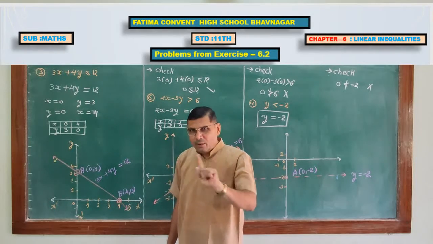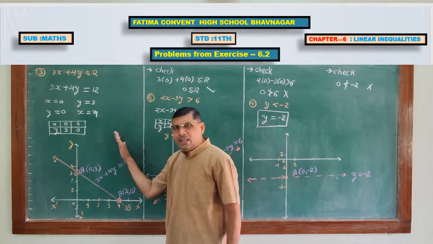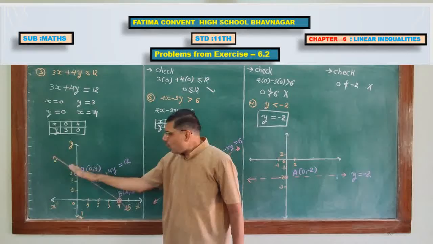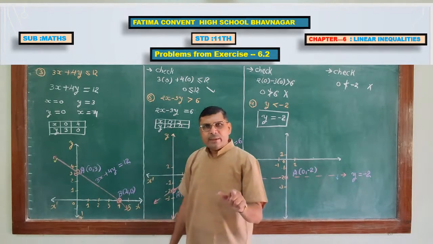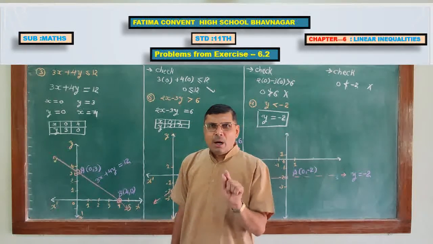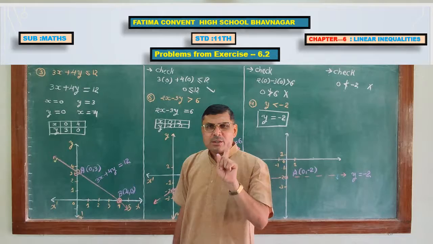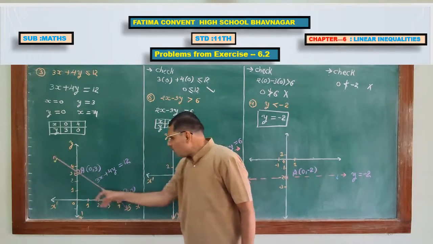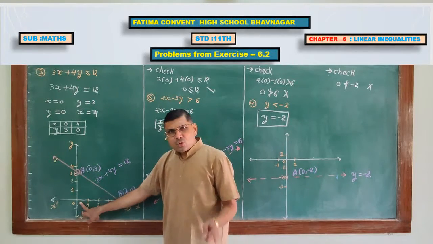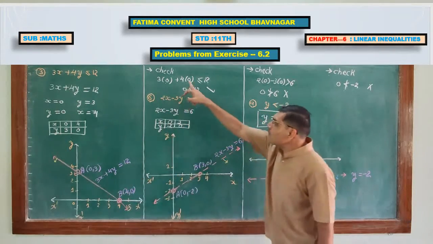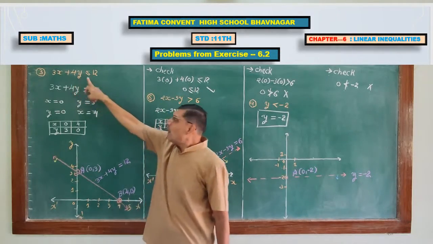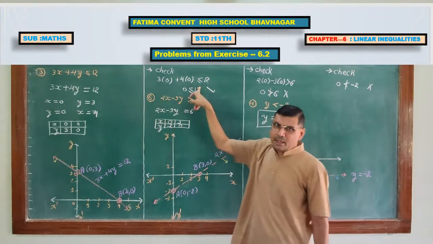Now let us see how to check. Very simple. You just select any point from one part, either the upper part or the lower part. Suppose I select 0, 0. Remember, you should not select a point which is on the line, otherwise it will satisfy the equation. Here 0, 0 is not on the line, so I am selecting that point. Put 0, 0 in this inequality: 0 less than or equal to 12, correct?